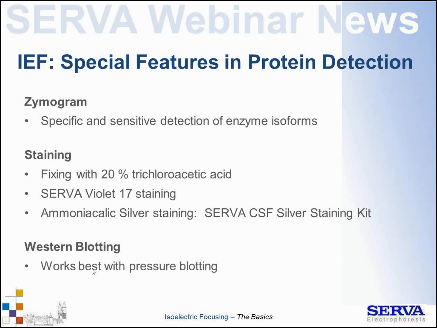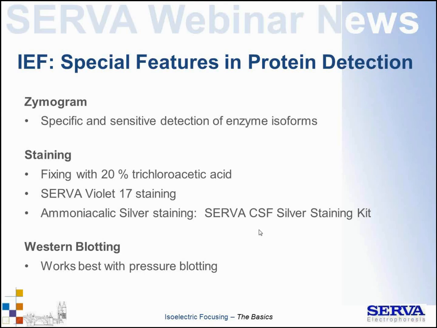And if you need to do Western blotting, we have seen that it works best with pressure blotting, better than with electrophoretic blotting, because here you have to transfer proteins which are neutral, which do not have a net charge. And you can do this with pressure because the gel pore size is rather large, and you can move the proteins like capillary suction onto the surface of the blotting membrane.